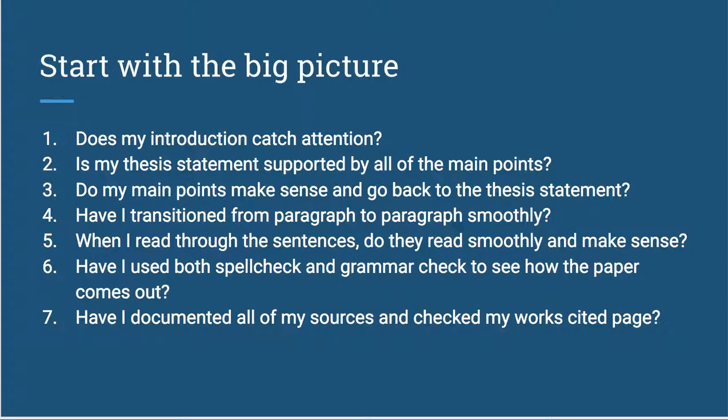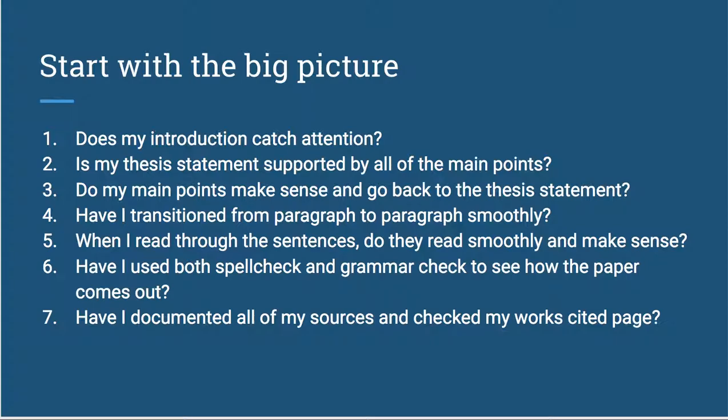So look at that first. Number two, is your thesis statement supported by all the main points? I've read a few of your essays this semester, and I'll read the thesis statement, read the rest of the paper, and then go back and look at the thesis statement, and I'll realize that really wasn't what the paper was about. At the time you might think you're writing about that, but after you've written the whole thing, go back and look at that thesis statement.